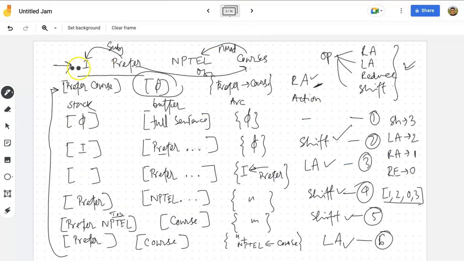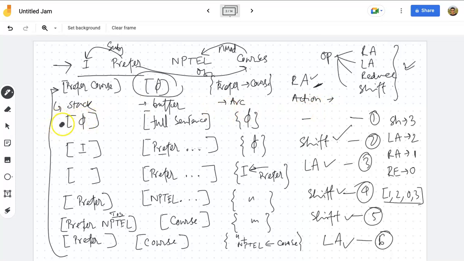Now, suppose you already have this dependency structure. If we go with arc-eager parsing, how do we do it? In arc-eager parsing, there are three things you need to remember: the stack, the buffer, the different arcs, and the action that you need to perform.